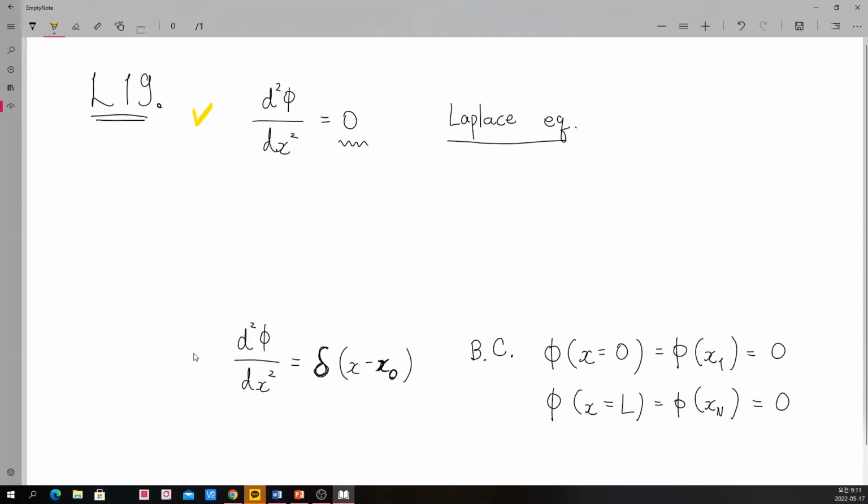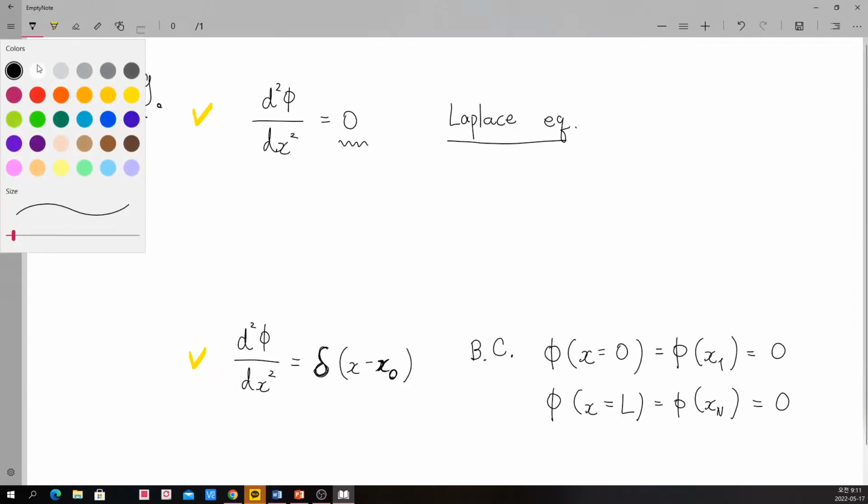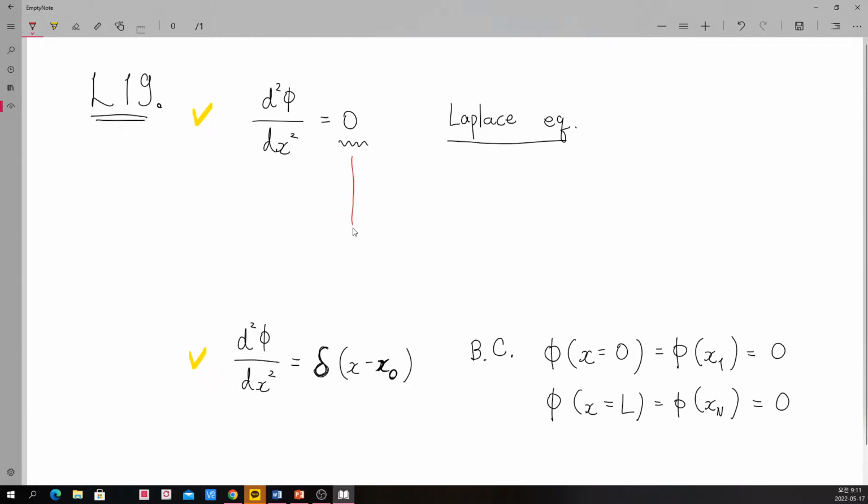Here we have the original equation and the equation introduced later, and the relation between these two equations is quite simple. We have now just added one single highly concentrated source term and measure the response of our solution variable phi.